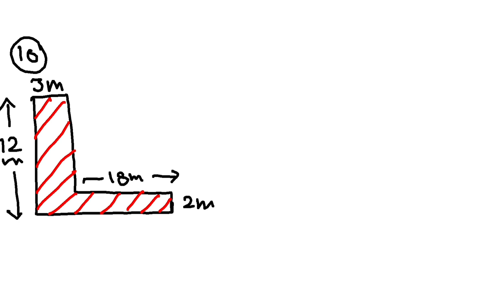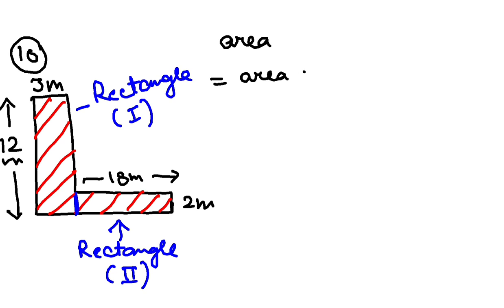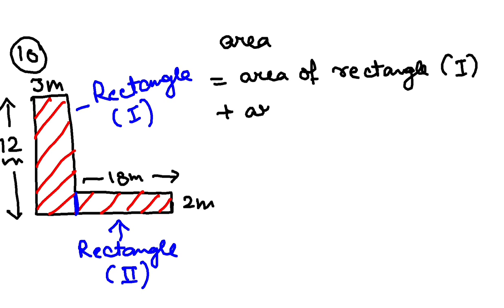Now think of this figure as two rectangles. How? If I join this line, isn't it? So this is my rectangle 1 and this is my rectangle 2. So my total area is obviously area of rectangle 1 plus area of rectangle 2.